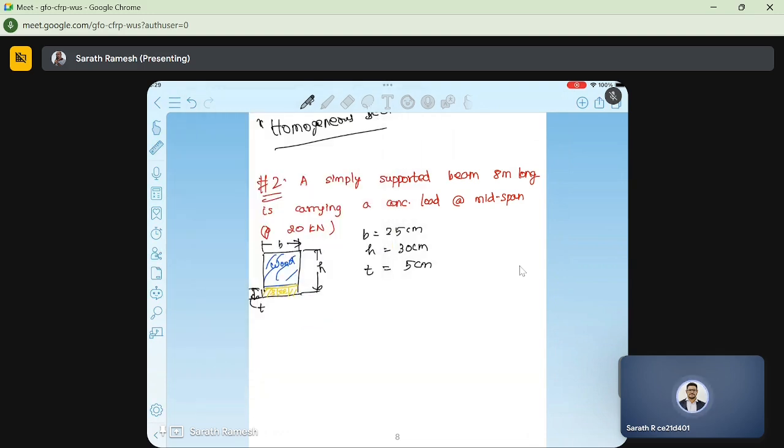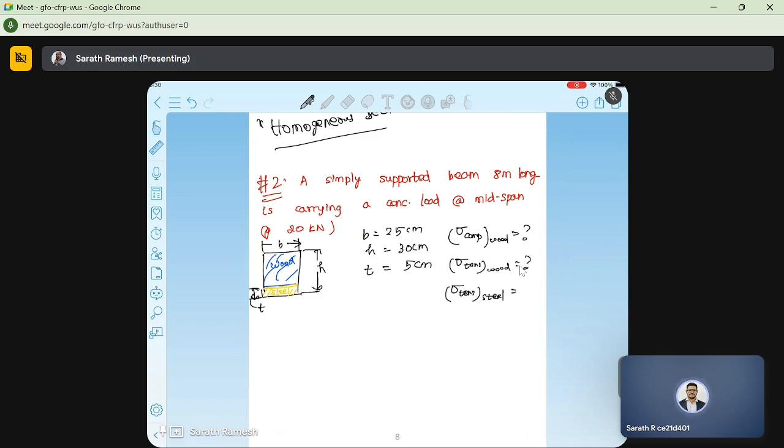Now what we need to find is the maximum values of stresses induced in both the materials. That is, what is the value of compressive stress in the wood material, and what is the value of tensile stress in the wood material, and what is the value of tensile stress in the steel, maximum value?